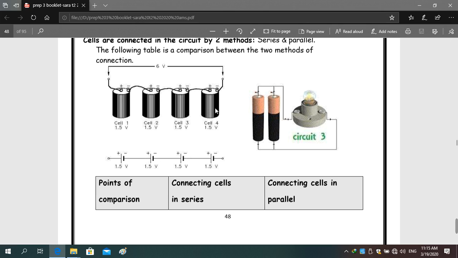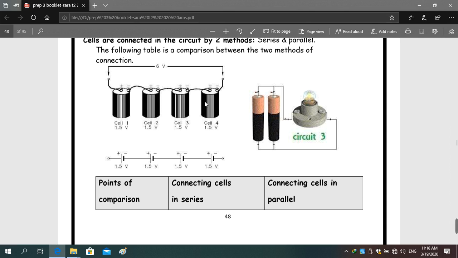Each cell here contains 1.5 volt. The EMF of each battery is 1.5 volt. In a series connection, to calculate the total EMF of the cells, we have to add these values of potential difference or EMF. 1.5 plus 1.5 plus 1.5 plus 1.5 produces 6 volt of total EMF.